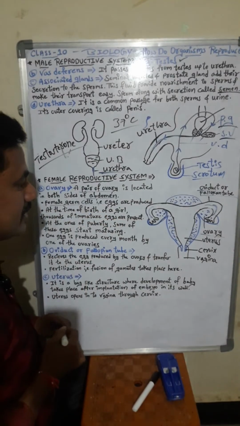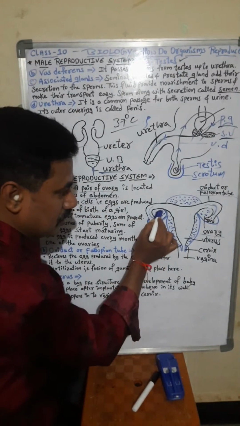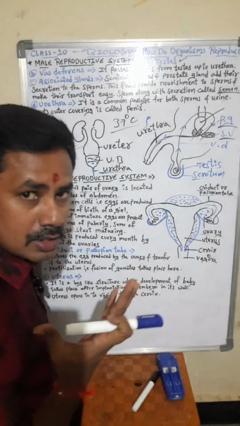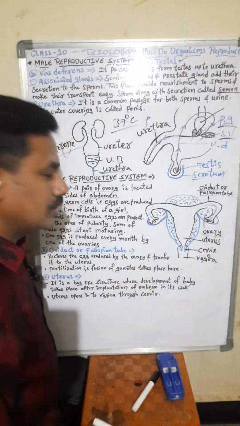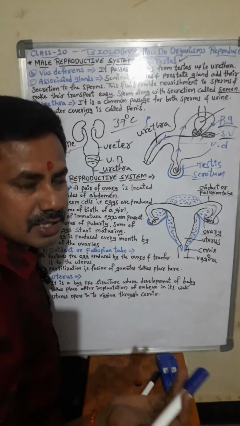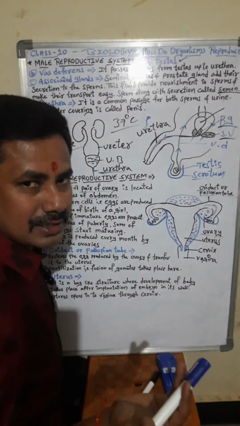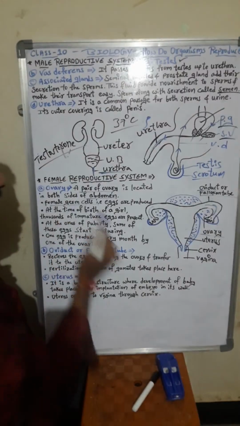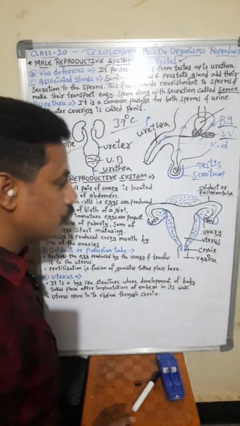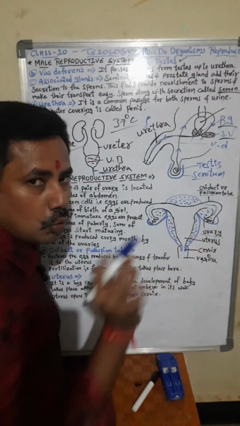Female germ cells, that is eggs, are produced here. That is ova, the female gametes, the germ cells, produced in the ovary.